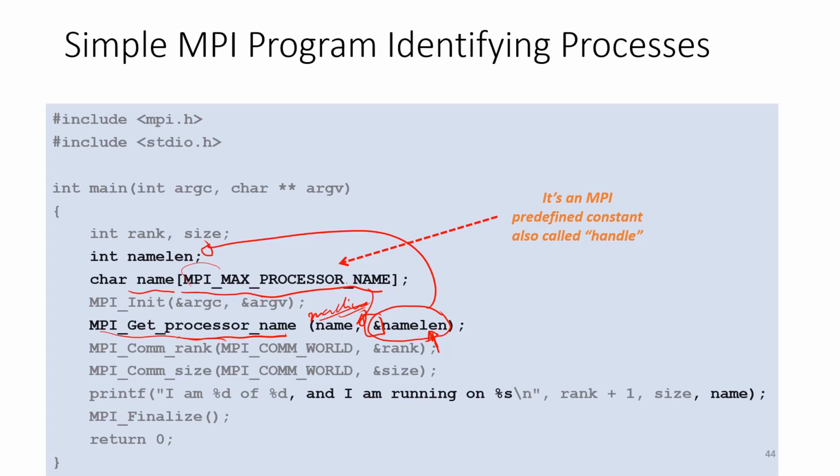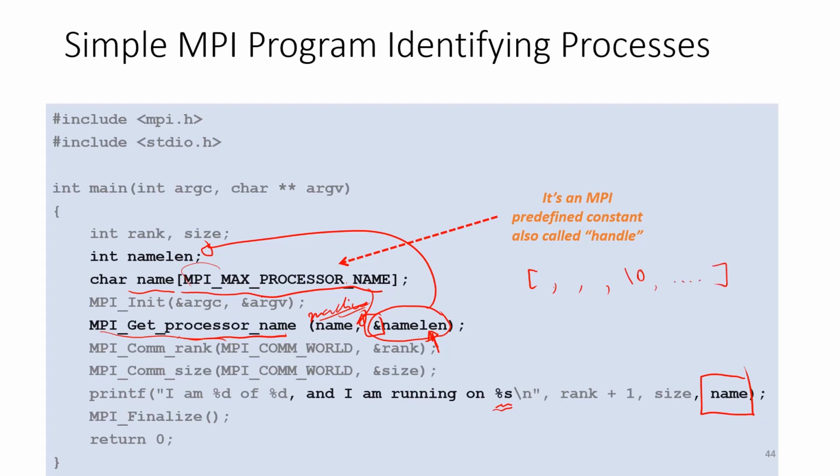Okay, if you display your variable using %s inside printf, you only need to specify the name variable. You don't need to specify the name length, okay? Because inside the name array, you will have all the characters designating your machine name, and then at a certain moment, the null character \0 and maybe certain garbage characters afterwards that are meaningless.